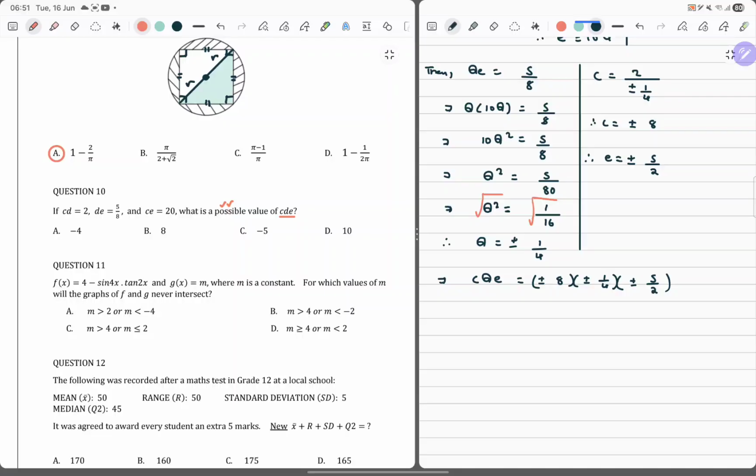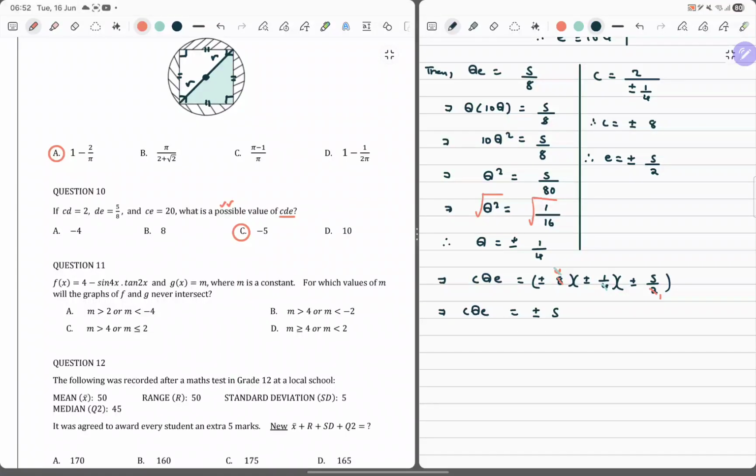Okay, cool. So obviously 2 goes once, goes 4 times, and then 4 and 4 take each other out of the mess. So CDE is, now folks, this is going to be just 5. Again, this is plus or minus 5. Okay, so if we look through the options, option C is minus 5.